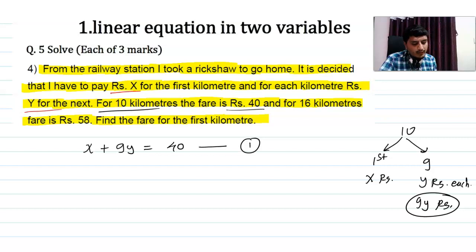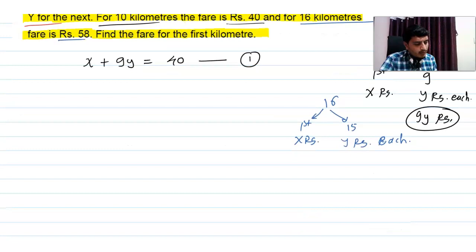Now look at 16 kilometers, where the fare is rupees 58. Among the 16 kilometers, for the first kilometer we again pay x rupees, and for the remaining 15 kilometers, for each kilometer we pay y rupees. That means for 15 kilometers we pay a total of 15y rupees.